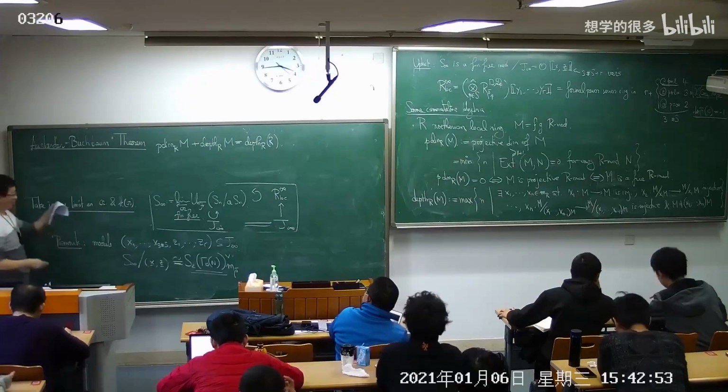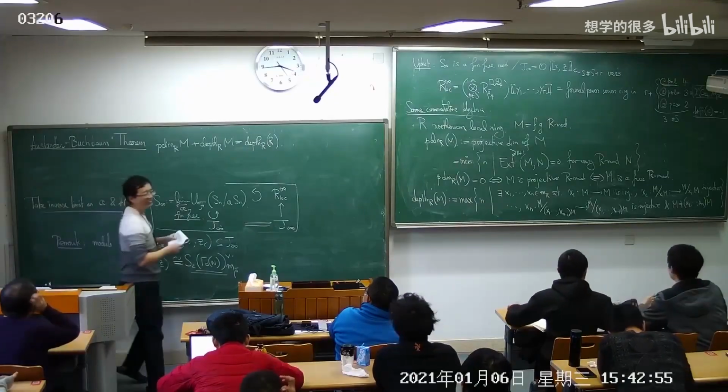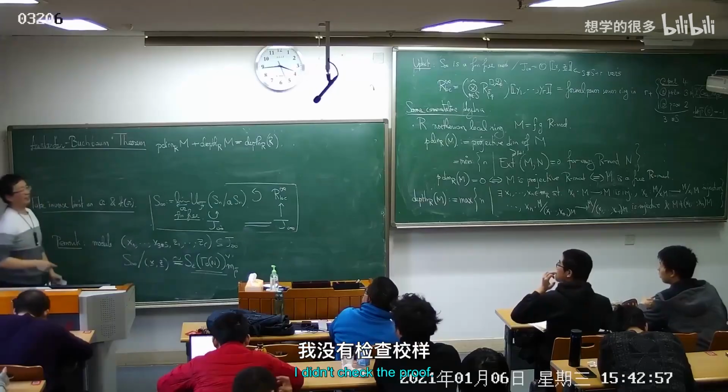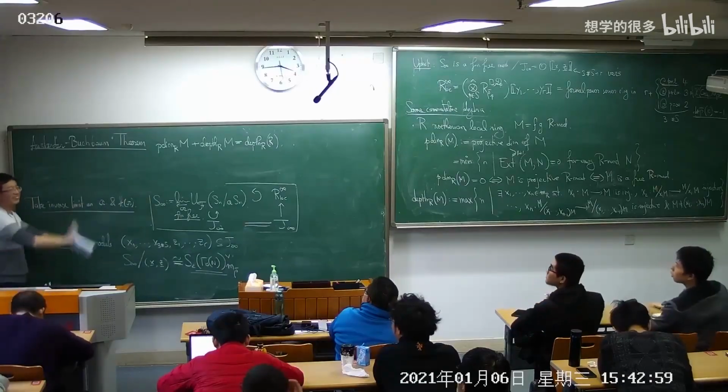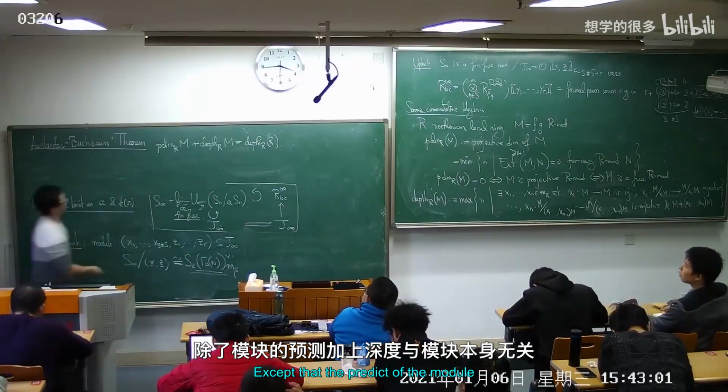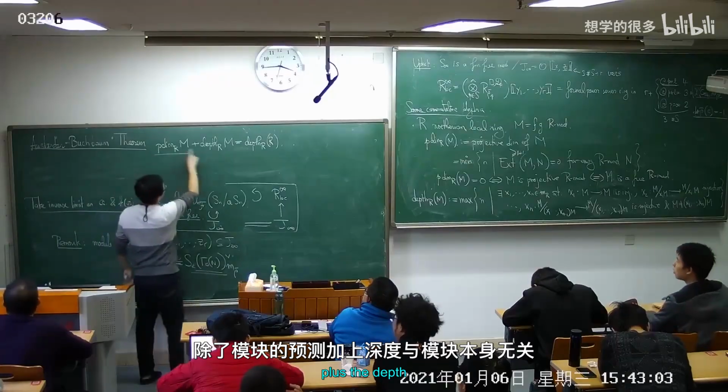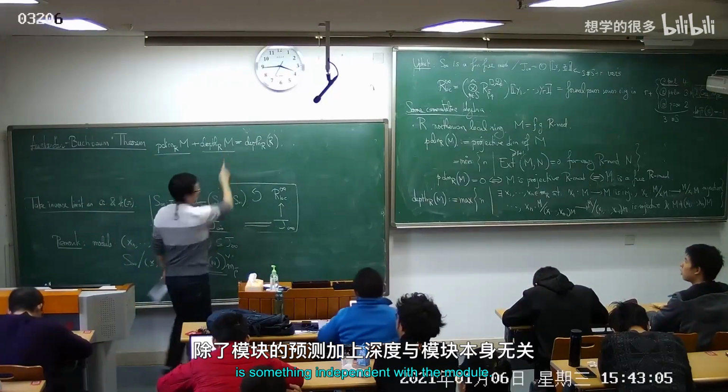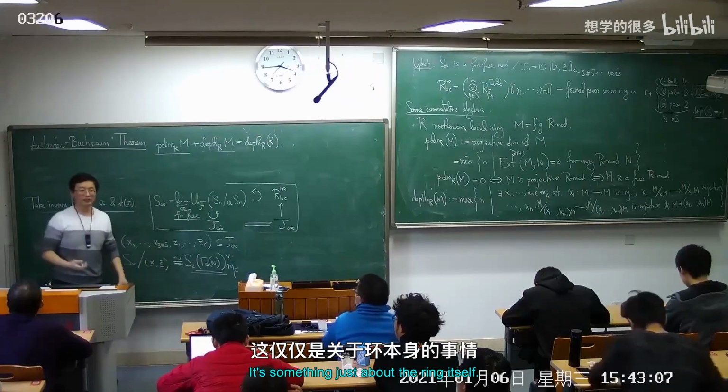Sorry, I'm very lazy. I didn't check the proof, but accept that the projective dimension of the module plus the depth is something independent of the module. It's something just about the ring itself.